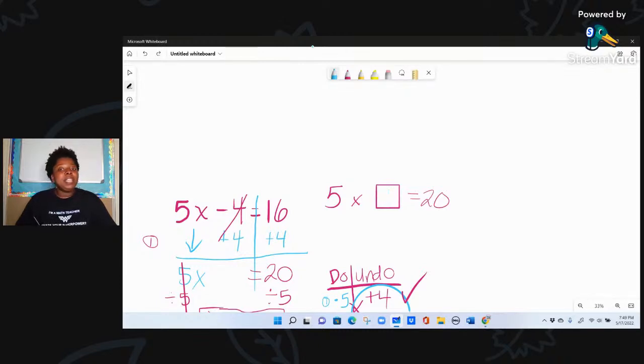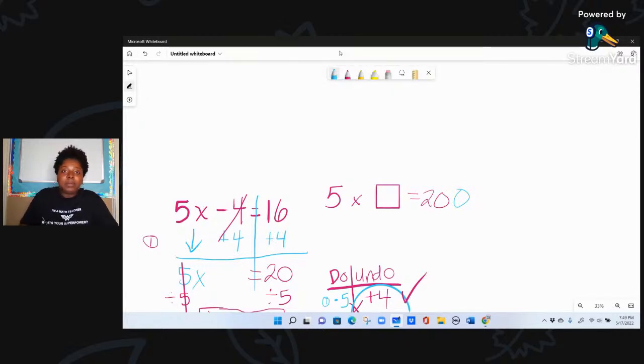But let's say you didn't know it. 5 times what equals, let's say, 200? Well, you would divide, right? I can know that 5 times 4 is 20, or I can do 20 divided by 5.